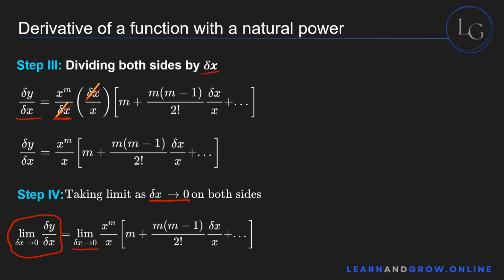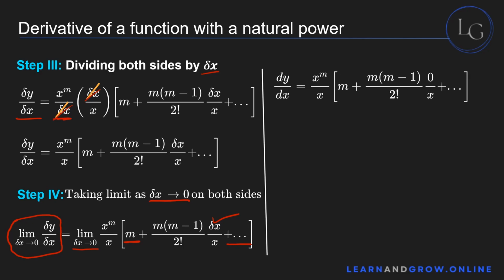So this delta x over here will become 0, and in all further expressions that are being added up in this series, all of them will have at least one delta x over x expression with increasing power, obviously, and so all of those will become 0 as well. So every expression after this m being added up will become 0. So this is what this becomes, and so this m is being added up with an infinite number of zeros.